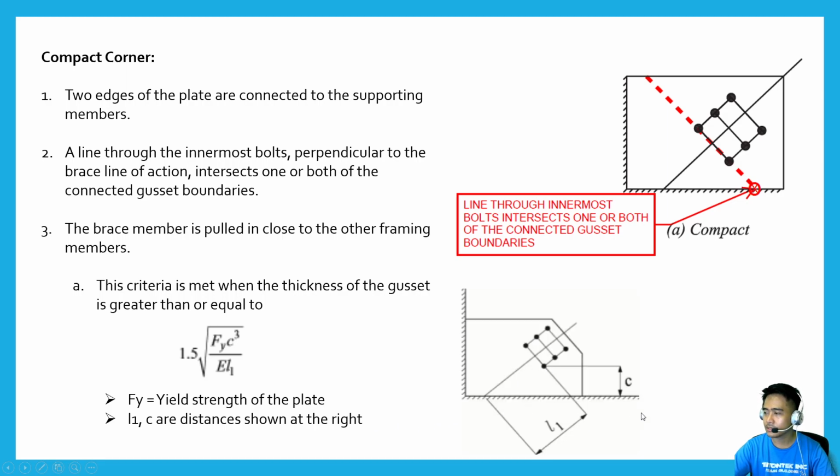Here, L1, the unbraced length, we usually have this dimension in our details, and then this new dimension C, which we don't usually indicate in our details. And E is the modulus of elasticity of steel, which is 29,000 ksi.